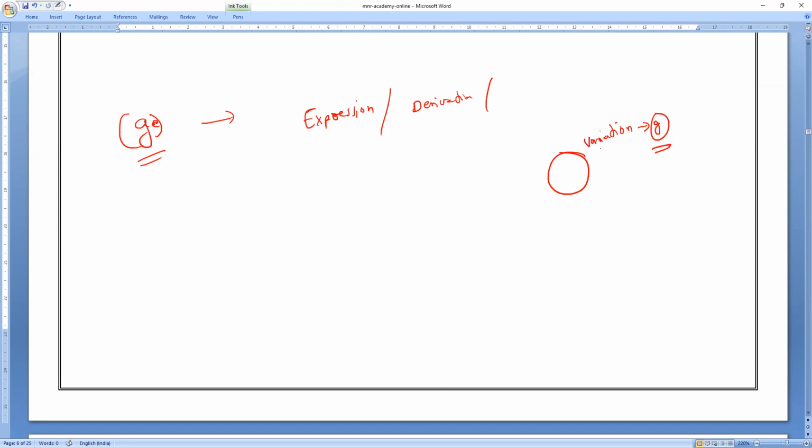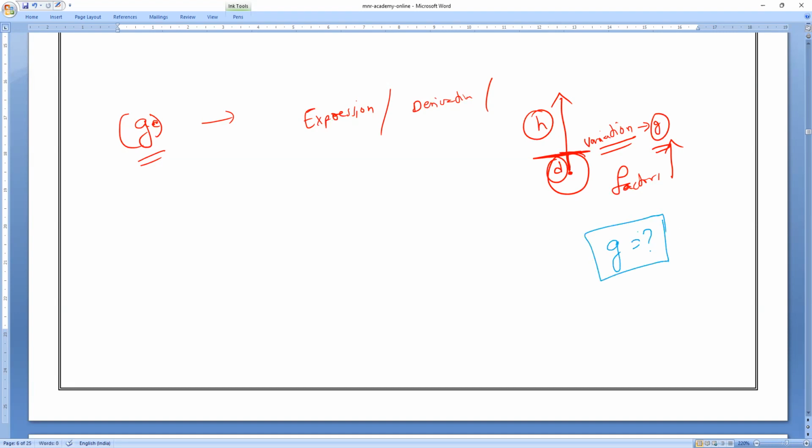What are the factors changing this g value, how it differs and how to make the derivations. If I go above the earth, climbing, or if I start digging and moving towards the center of the earth, what will happen? This is depth, this is height. What are the changes and how do we calculate the g value? These are all the things we will discuss in the next class.